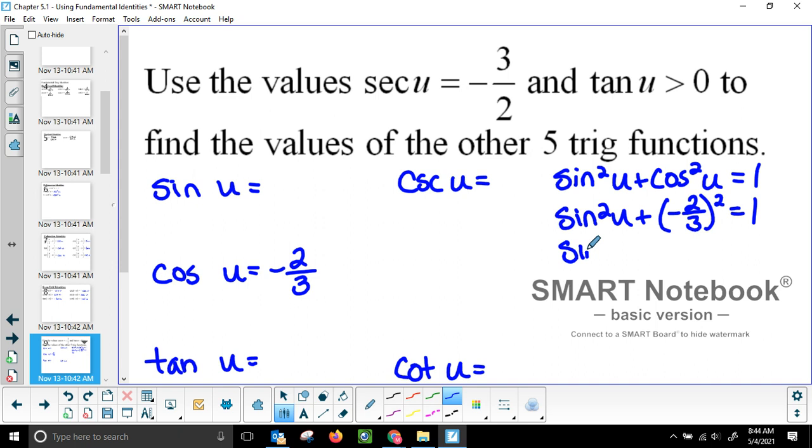All right, so sine squared u plus this negative 2/3 times negative 2/3 would be positive 4/9. So I'll change this one to 9/9 to make my math easier. Now I can subtract 4/9 from both sides.